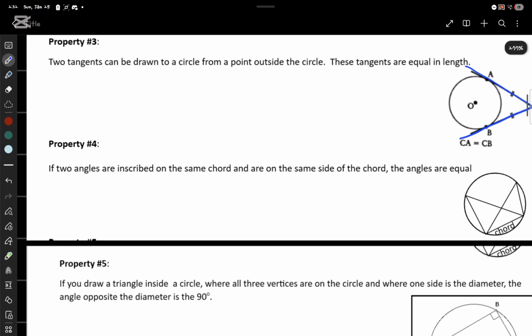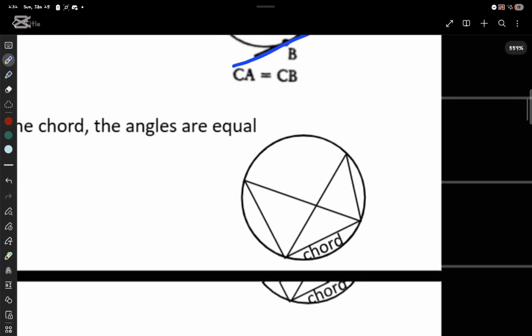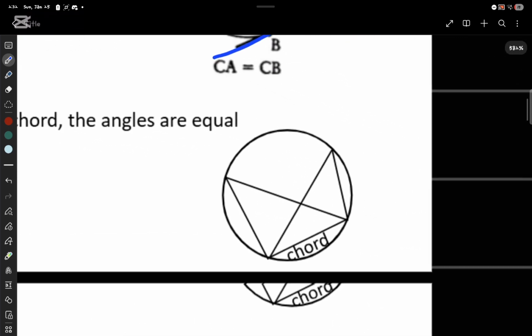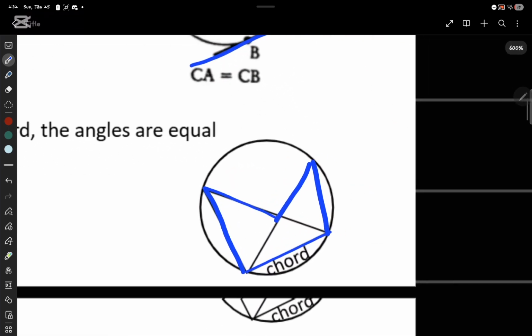Our fourth property is that if two angles are inscribed on the same chord and are on the same side of the chord, the angles are equal. So you have a chord, and we have angles inscribed in the chord.